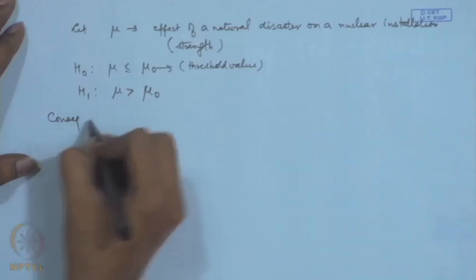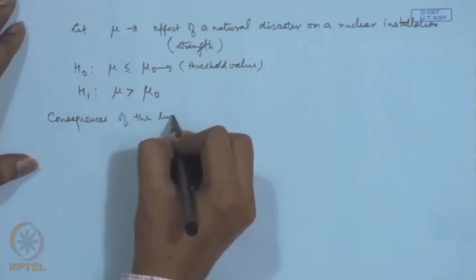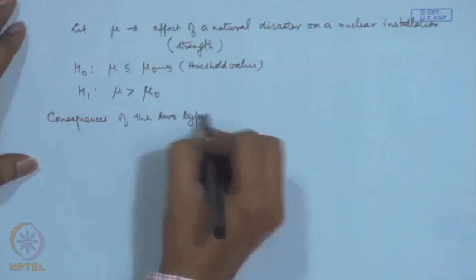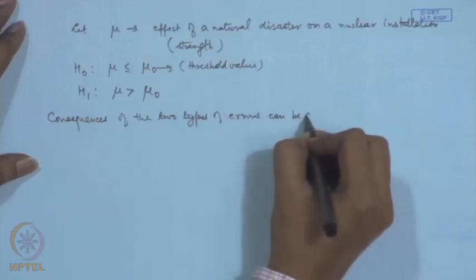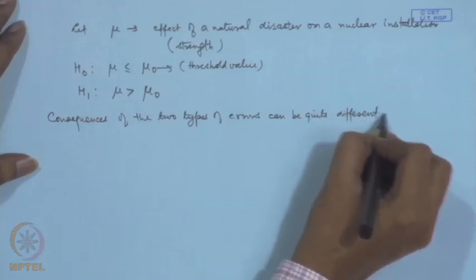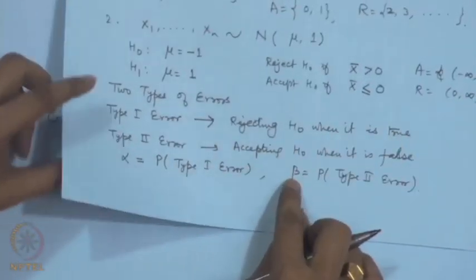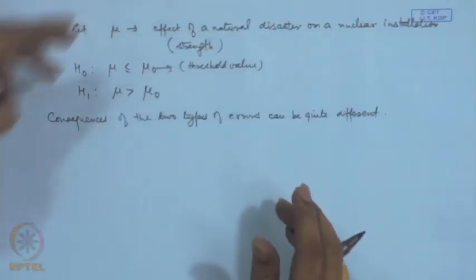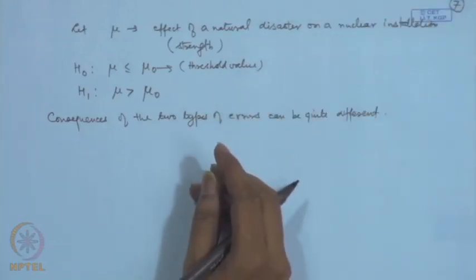So, the consequences of the two types of errors can be quite different, and the probabilities of type 1 error and type 2 error, that is alpha and beta, give a measure of the size of the errors that one may have.